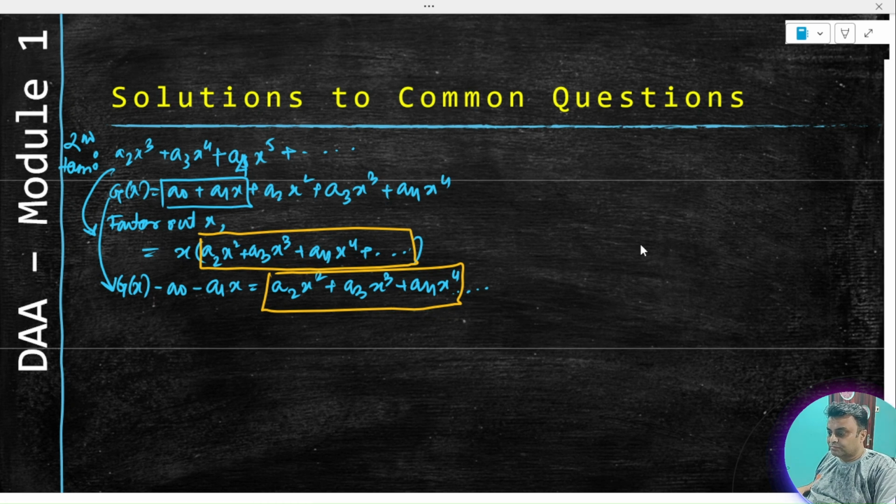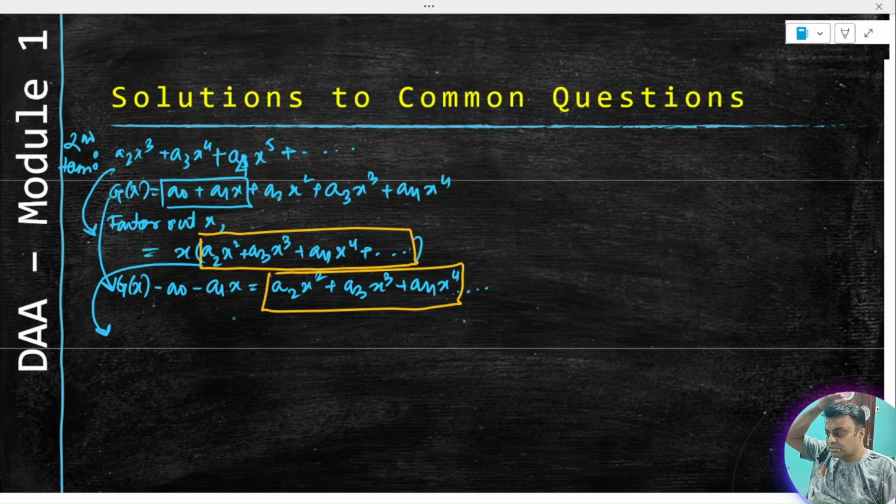If this is the case, then can I write my term, so I'll take this now. So can I say that a2 x squared, or rather my second term, whichever was that second term, it's actually equal to this only, but then let me put it this way.